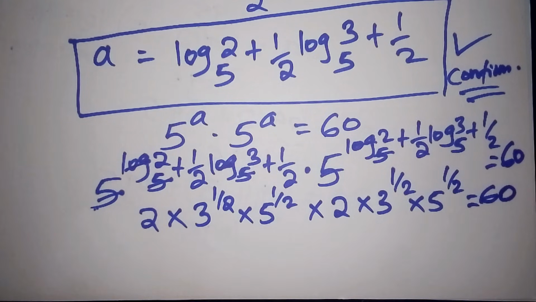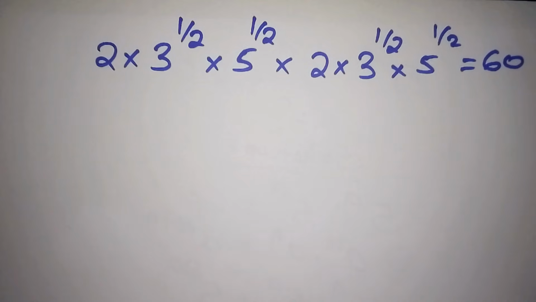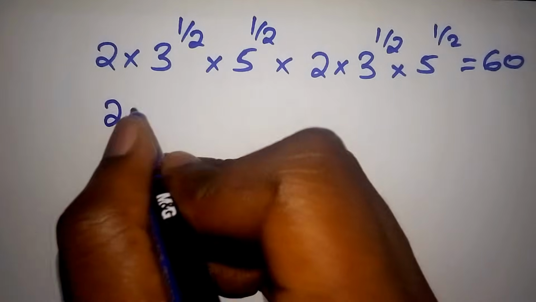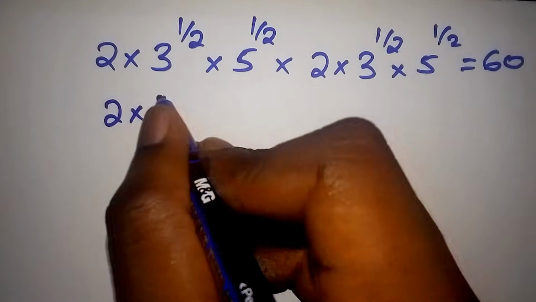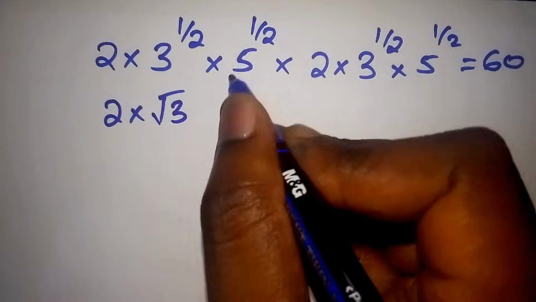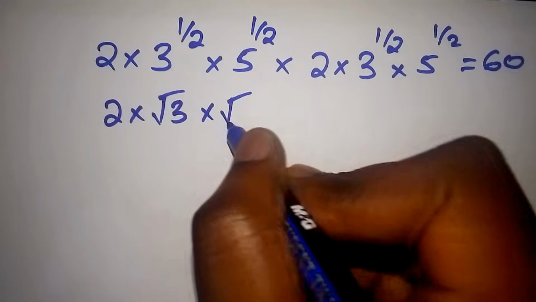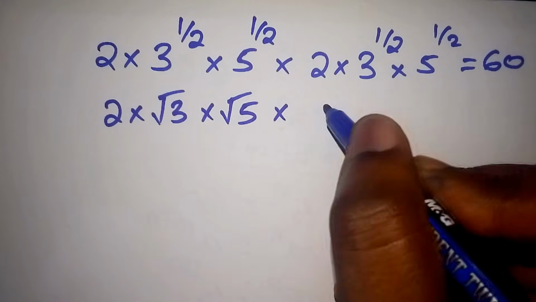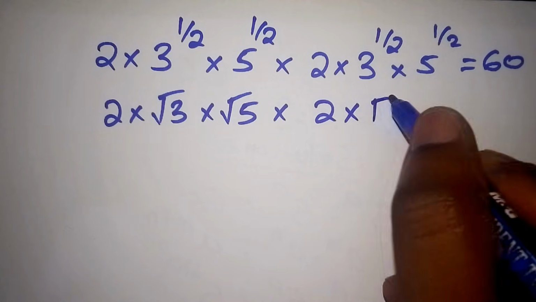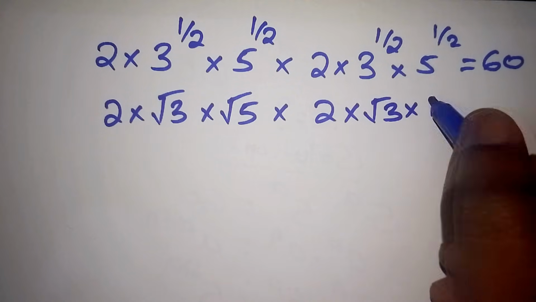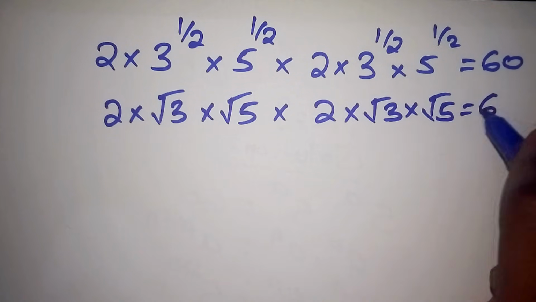Next, this one can be written as 2 multiplied by the root of 3 multiplied by the root of 5, times 2 multiplied by the root of 3 multiplied by the root of 5, equals 60.